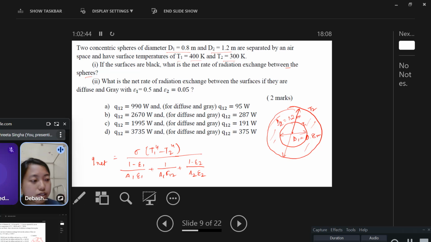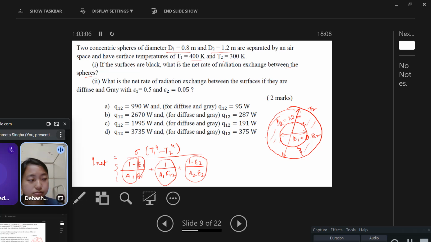Just remember that in such cases there are three resistances in the system. Two are the radiation resistances of the surfaces, and one is due to the view factor between these two surfaces. So this is the view factor resistance, and these are the surface resistances.